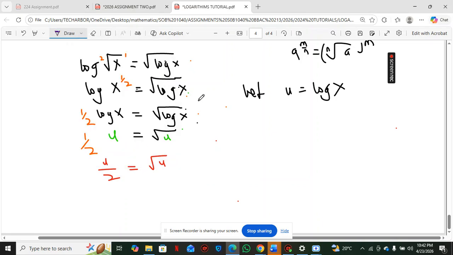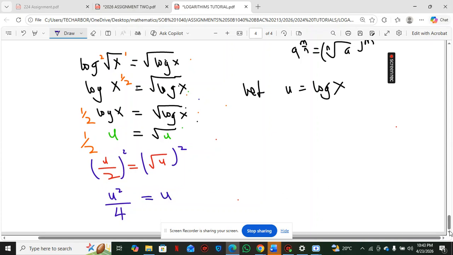What you do on the left-hand side, do on the right-hand side. So you square this, and you also square this, so that now you have u squared over 4 equals u. Okay, u squared over 4 equals u.